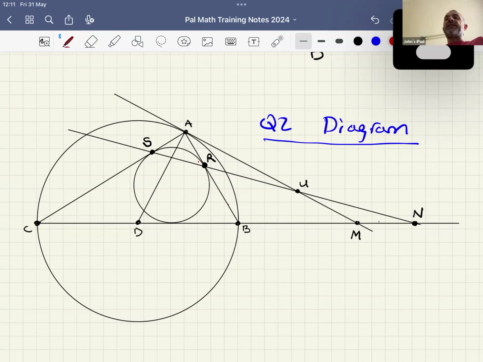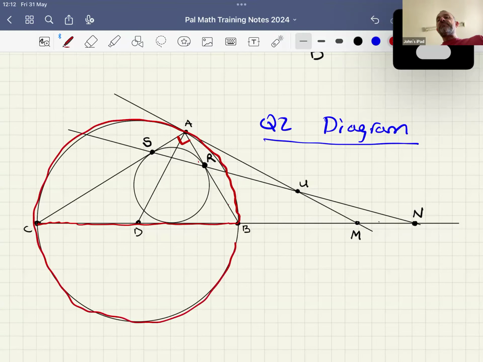So I'll just highlight that in red. So you've got a 90-degree angle here. And that means that the angle CAB is standing on this diameter of the circle here. Okay, so that's kind of the meaning of that 90 degrees.